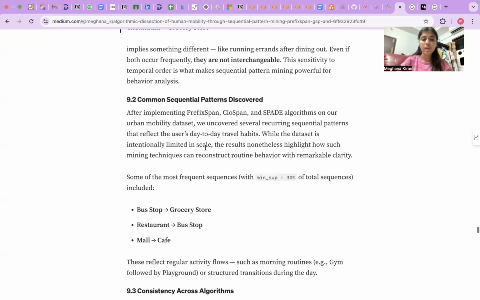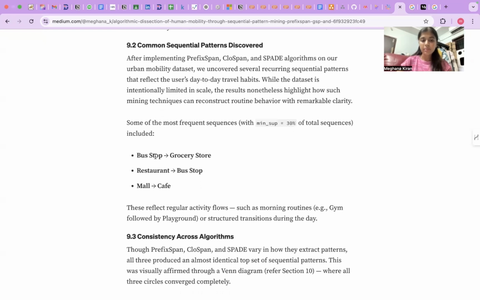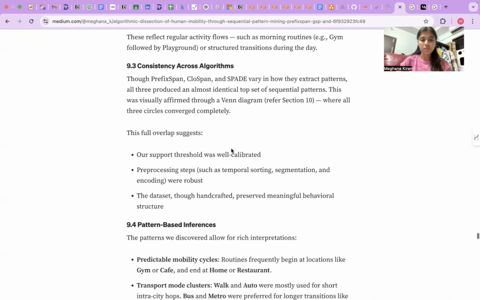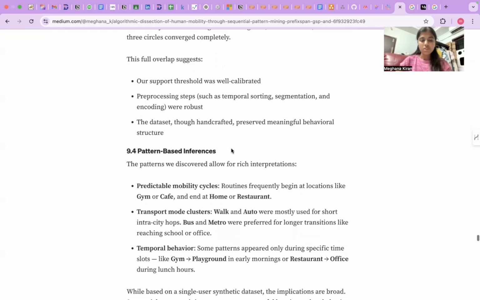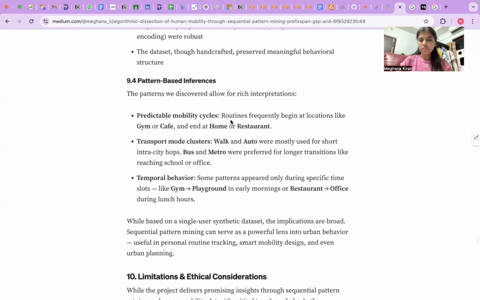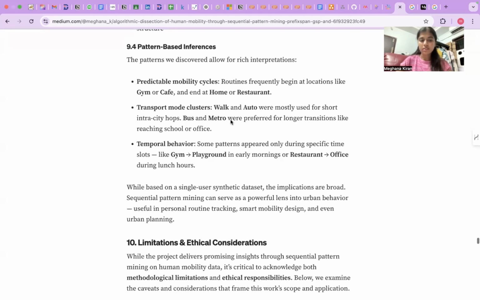And second, we have discovered some common patterns which can be used further in transportation analysis, traffic analysis, and so on. Then we have the consistency across all the algorithms, as we discussed. The Venn diagram was completely collapsed into a single circle. So this suggests that the preprocessing steps were good, the dataset was crafted well, and the algorithms were also implemented successfully.